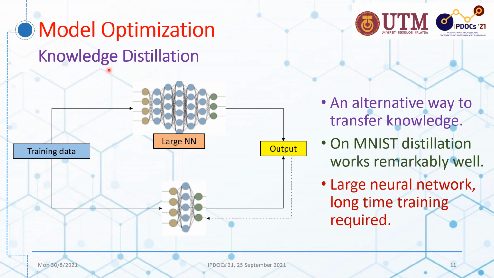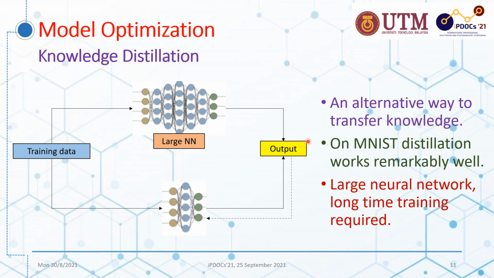This slide talks about knowledge distillation. Knowledge distillation is an alternative way to transfer knowledge from a large neural network to a small neural network. Firstly, train the large neural network and obtain the output.